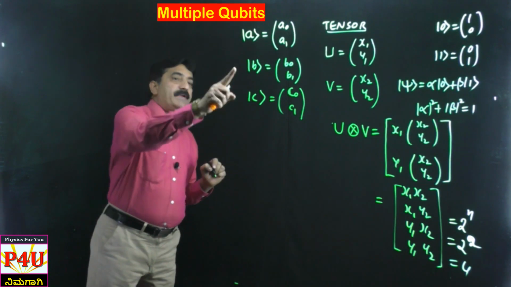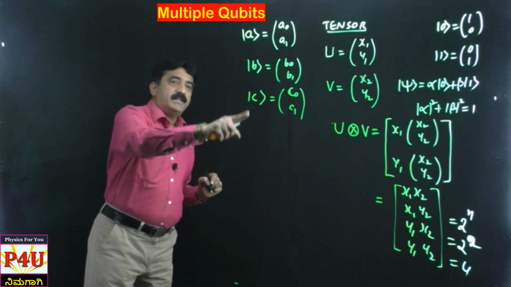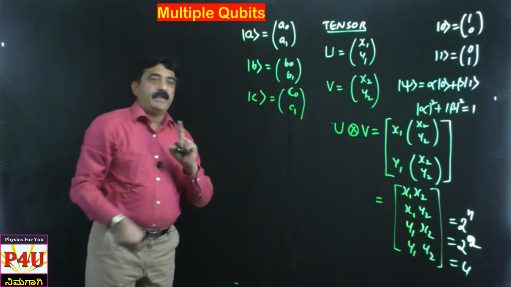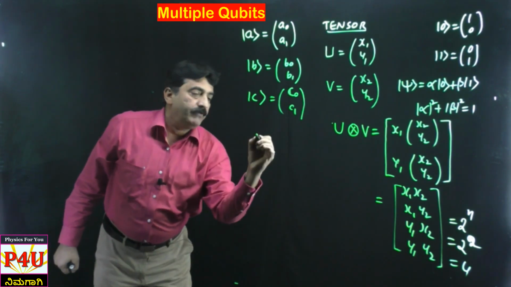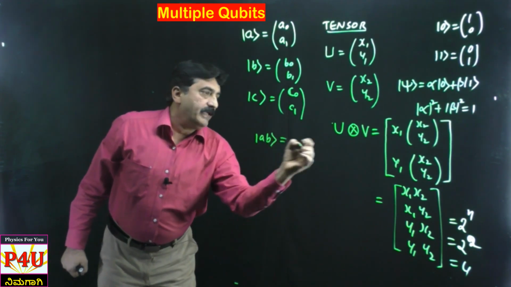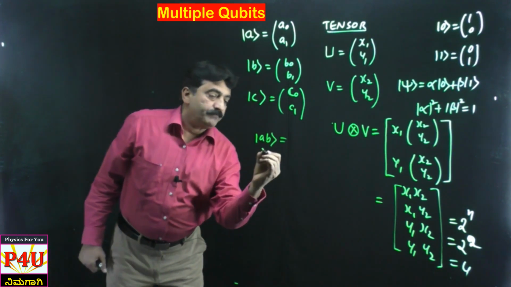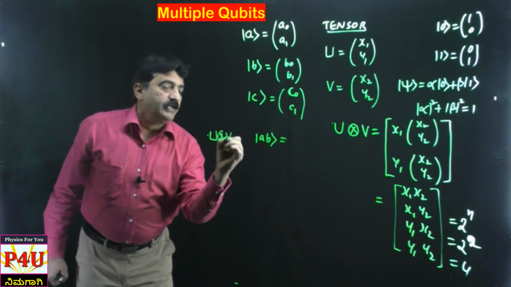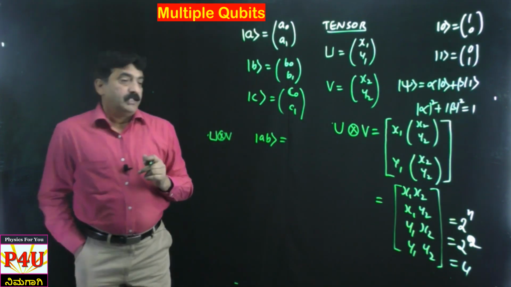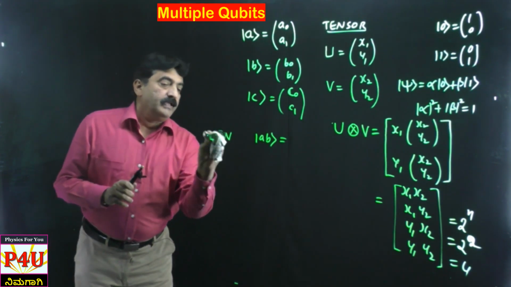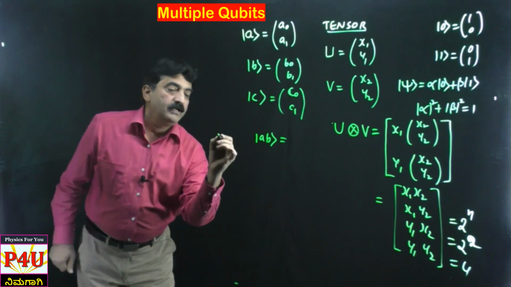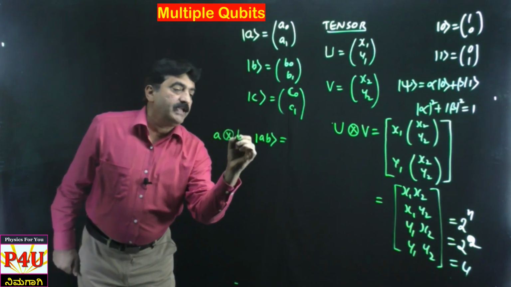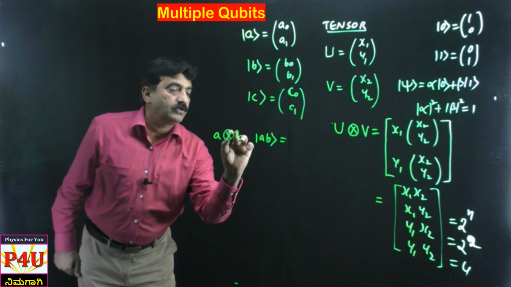It is ABC, or AB and then C, or C and AB. First I will do AB. Like this, that means this is nothing but U cross V, that is A cross B. I should call this the tensor product, not cross.